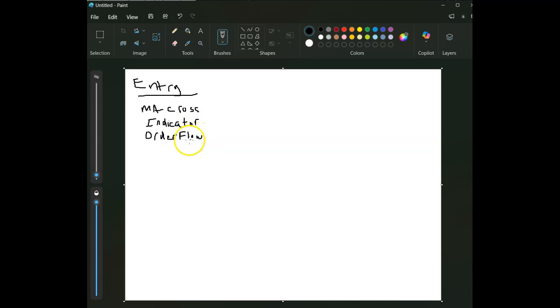Or there may be some pattern or something like that, right? But the way we do it is a little bit different. It's based on the bar, meaning the candle or the bar, expressing demand or supply. And I'll show how this is done.